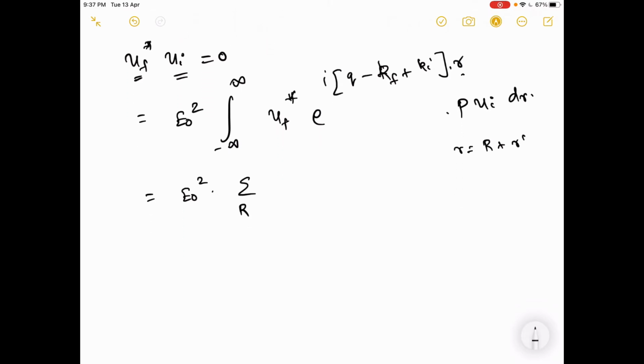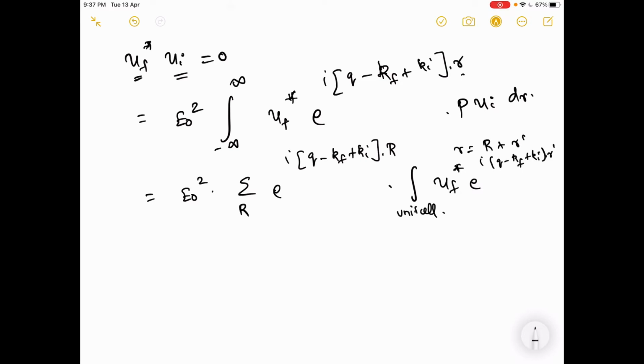So summation over all R, e power i q minus kf plus ki dot capital R, multiplied by the summation over the unit cell only, uf star e power i q minus kf plus ki r prime P ui dr prime, right?